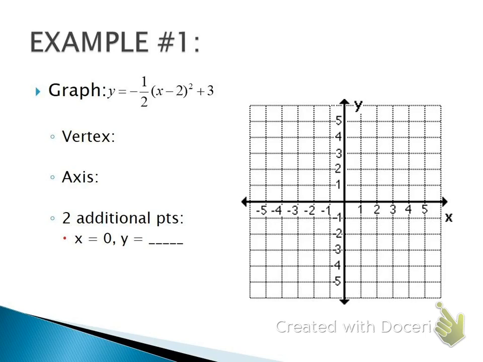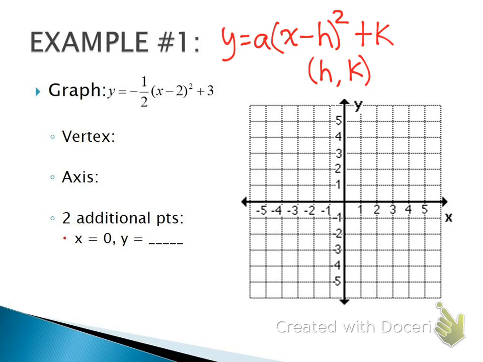But if we look closely at that vertex form, it was y equals a times x minus h squared plus k, right? And our vertex was at h comma k, right? That's all in our notes right above this example.